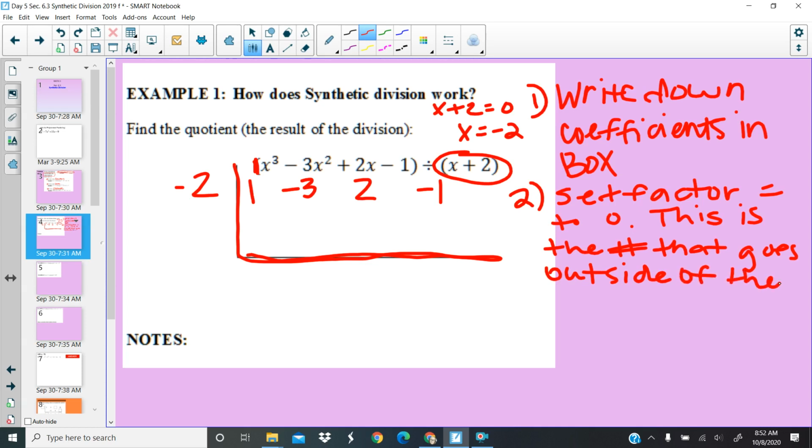If you want, you can write all of this down at the same time that I'm writing it, or wait until after I've gone through the whole problem to write down the steps. That's fine too.